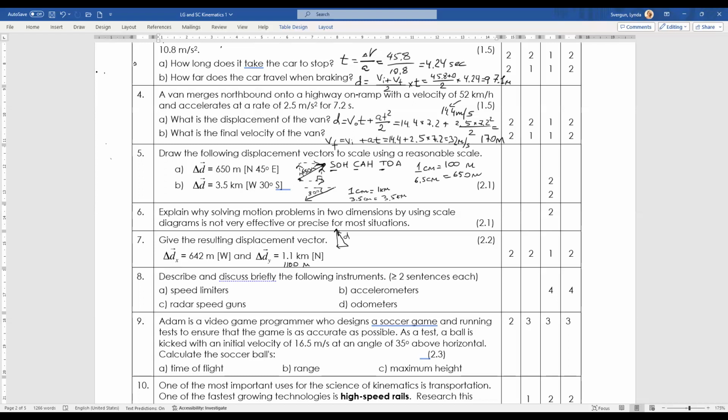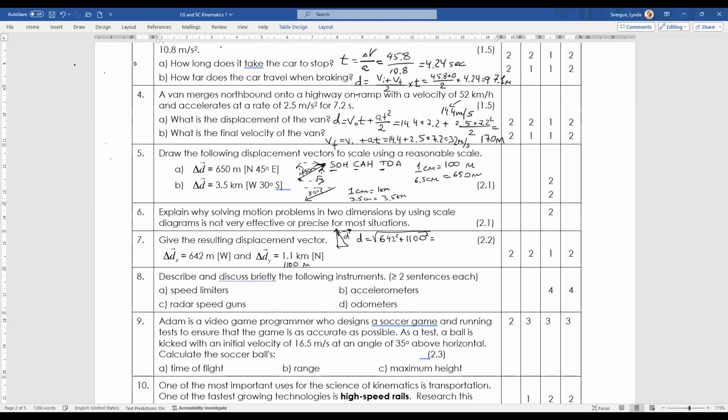So here you have the resultant. How do we get the hypotenuse? What do we need to do? Pythagorean theorem. You have the horizontal side 642 and vertical 1100. Remember the Pythagorean theorem: one side squared plus the other side squared.